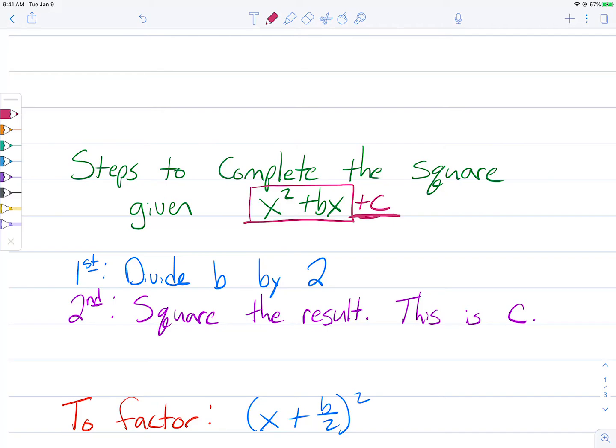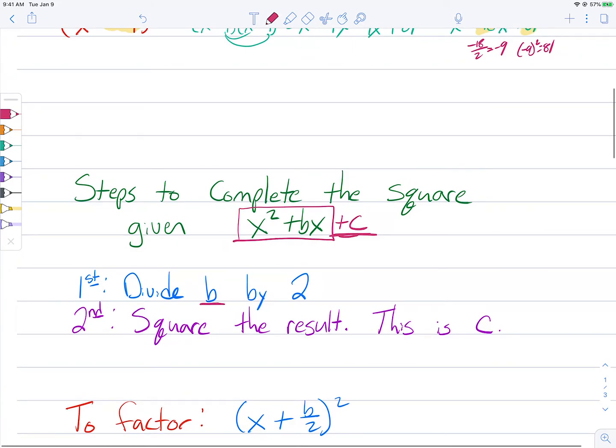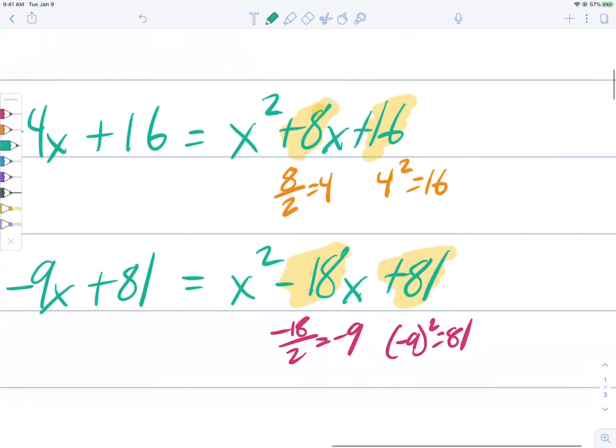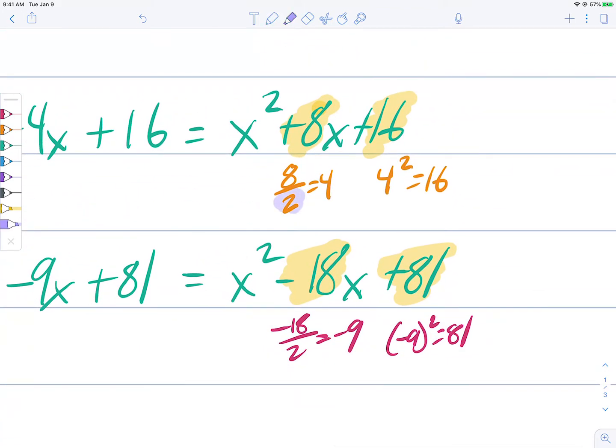So what you do is you divide b, which is our coefficient of x, by 2, and then you square those results. We saw that back up here. We took b and we divided it by 2, and we took that result and we squared it, and that's the constant right there.